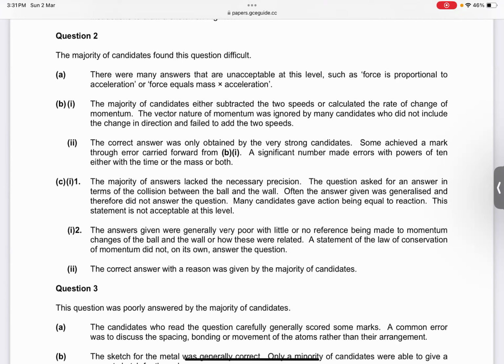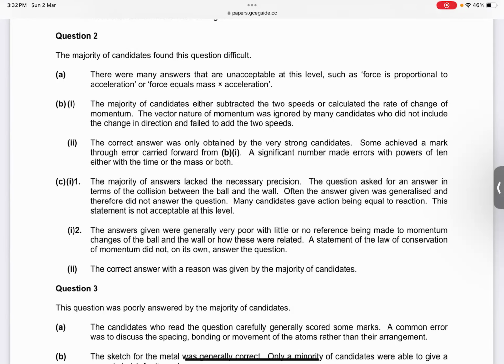Often the answers were generalized and therefore did not answer the question. Many candidates gave the action being equal to the reaction. This statement is not acceptable at this level. So you have to explain everything. If you just explain Newton's third law without relating it to the scenario, or just state a general statement, then you won't get any mark.